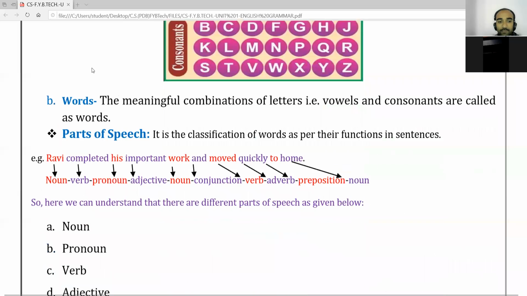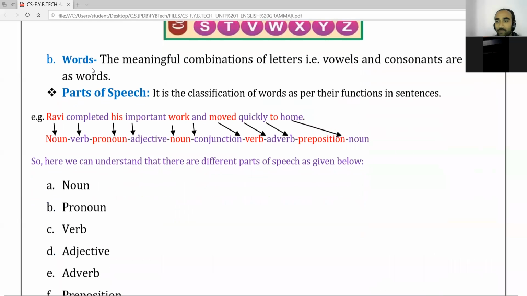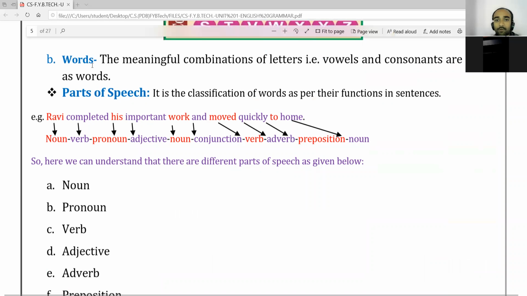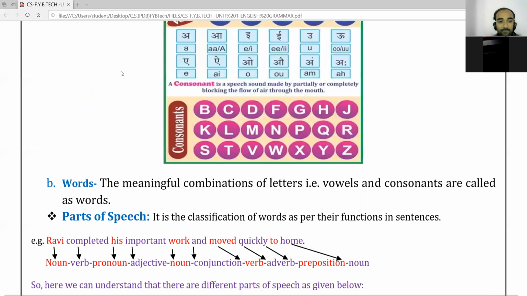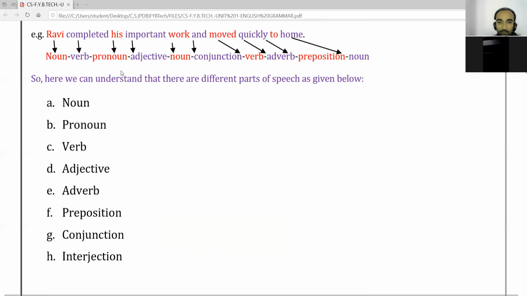Whatever visible and non-visible things we can or cannot see, we name that thing, and that is the name or noun of that thing, person, or place. So that's the definition of noun.